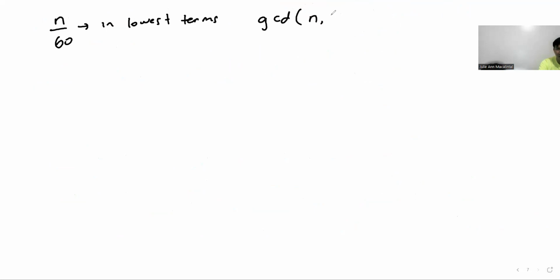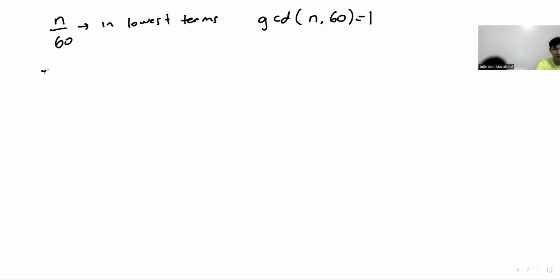Meaning, n over 60 is in lowest terms when the GCD of n and 60 is equal to 1, meaning there are no other common factors between n and 60. So I can plug in any of those 16 totatives.